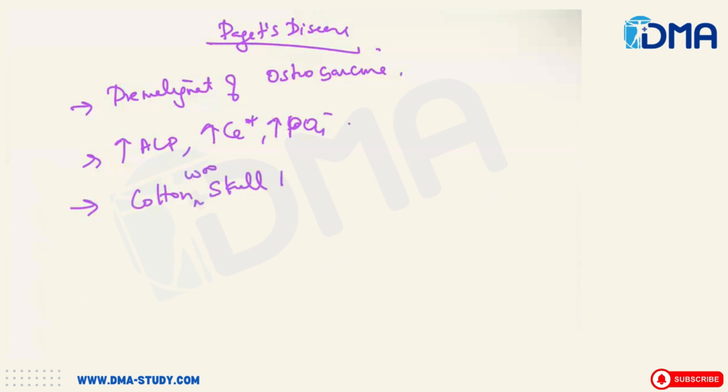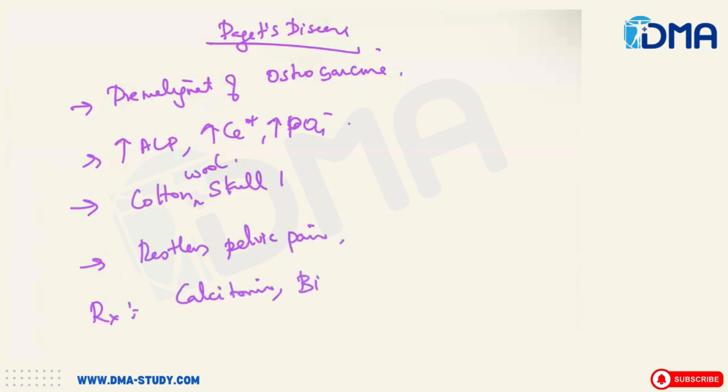Cotton wool skull appearance will be the one, and the patient will present with restless pelvic pain. Restless pelvic pain will always be there for this patient, and you have to treat these patients with calcitonin and bisphosphonates, which help in restoring the calcium inside the bone.